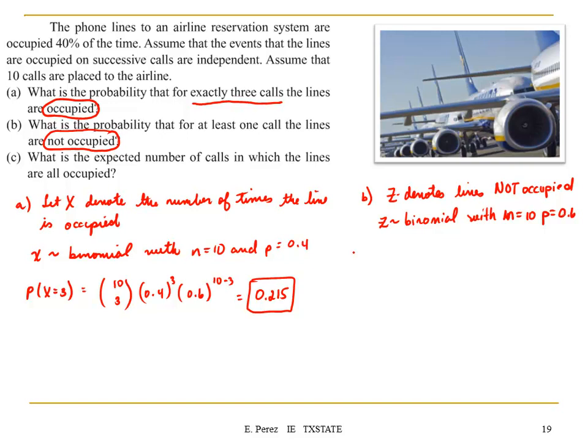So if we state this, this is the probability of Z being greater or equal to 1.